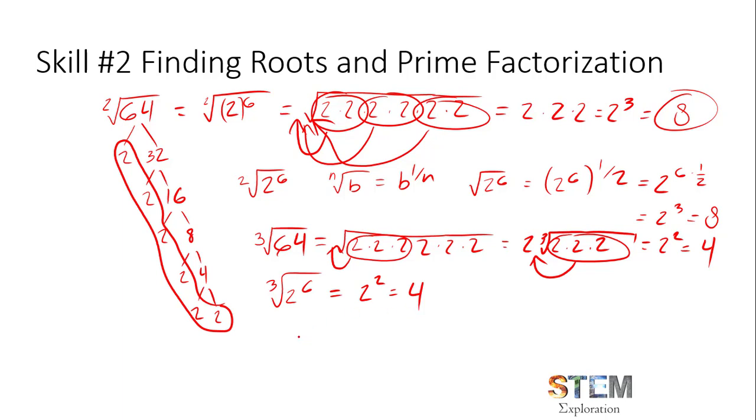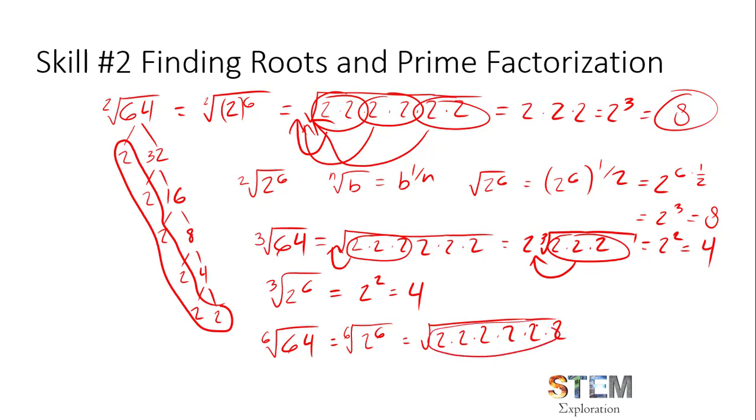And we can keep expanding this into a situation where we can say, let's say the 6th root of 64. And if you have the 6th root of 64, we can simply just say 2 to the 6 over 6, which is 1. So the 6th root of 64 is simply equal to 2, because you need 6 2's, 2, 3, 4, 5, 6 2's.